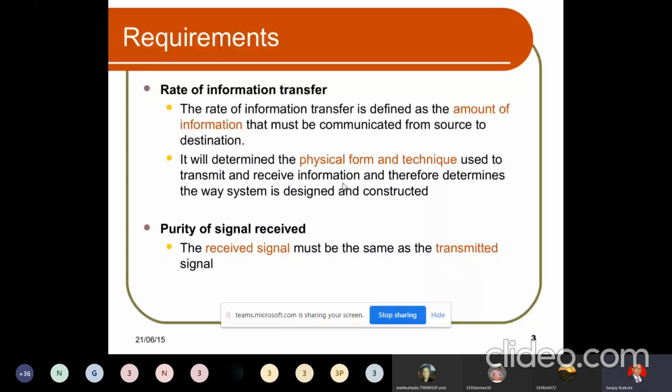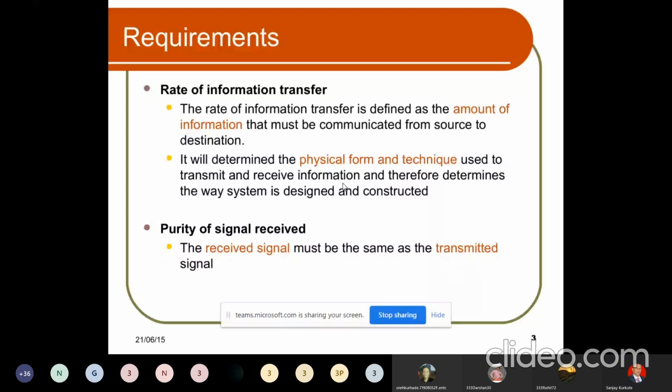So we should have a proper, pure, clear signal. If the transmitter itself produces a noisy signal, there will again be a problem at the receiver side. So we have to take care of the transmitter first and then the receiver.